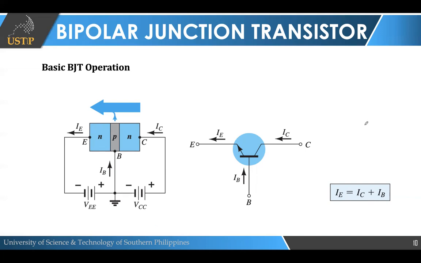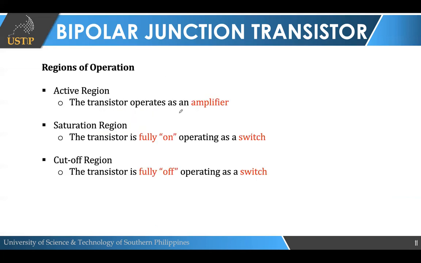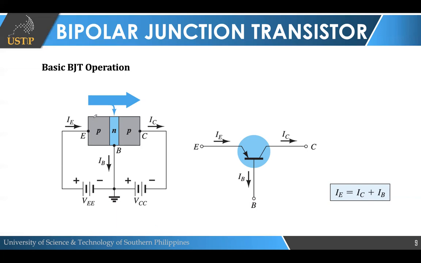Okay. So for the NPN, class, the story with the holes is the same, but the flow of our holes is to the left, the opposite of the PNP. Earlier, our holes were moving to the right because they are attracted to the negative.